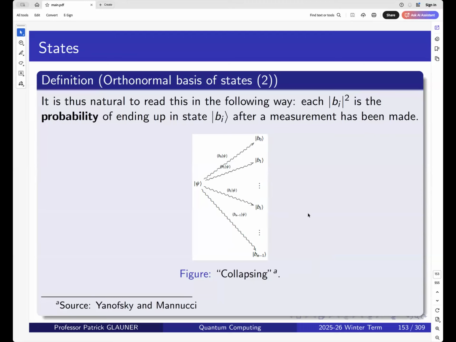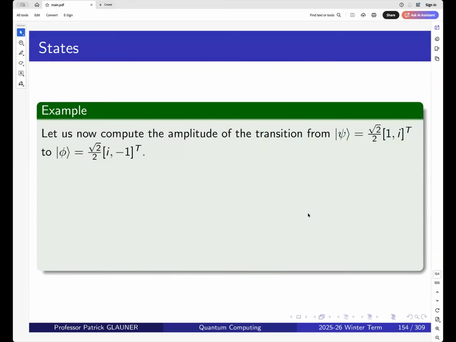But we'll see this again when we do measurements and when we do real computations. Now, what we just did is, we calculated these amplitudes of the transitions. And just to make sure we have actually fully understood it, I think it's good if we add one more example and calculate this.